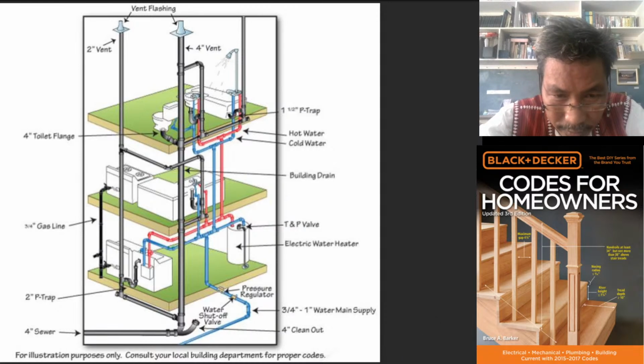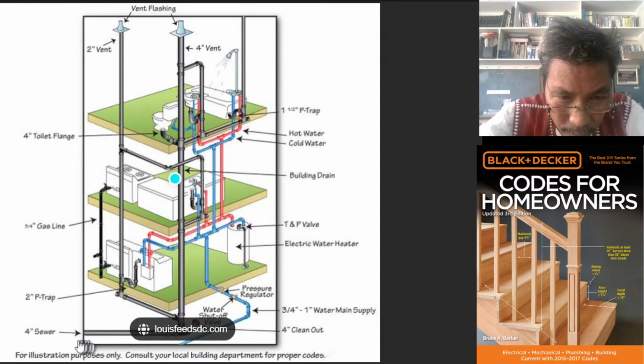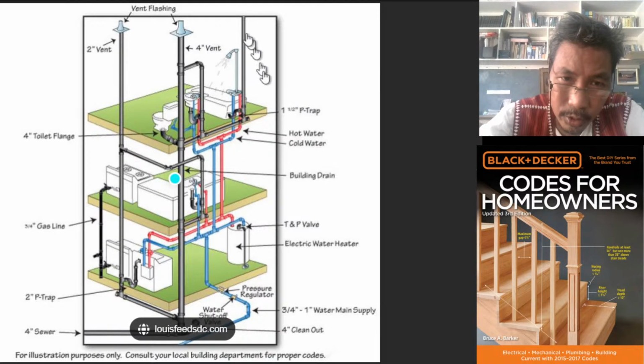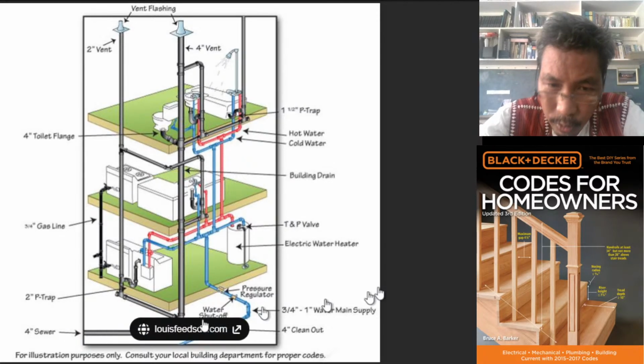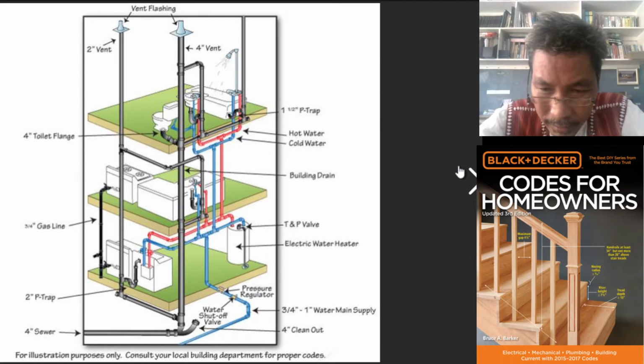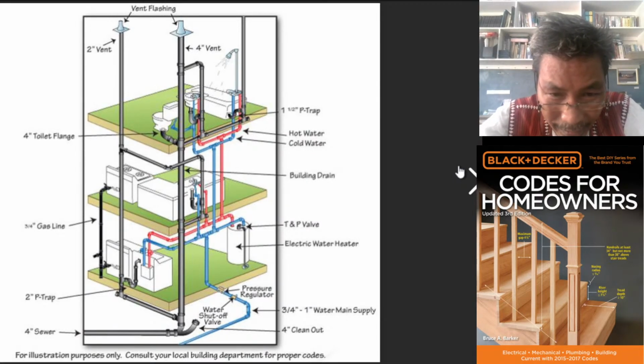And all of the dirt, the soil, the excrement, will go down the building drain. And that is connected to the what? Sewer, to the building sewer. So 4 inches vent connected to 4 inches building drain, and also connected to the 4 inches building sewer. That is exactly the relationship of building drain to building sewer.